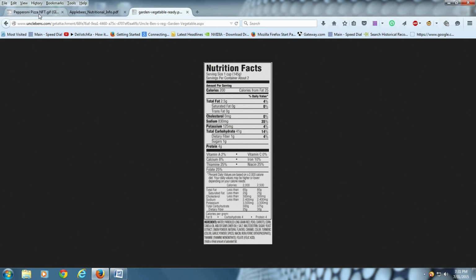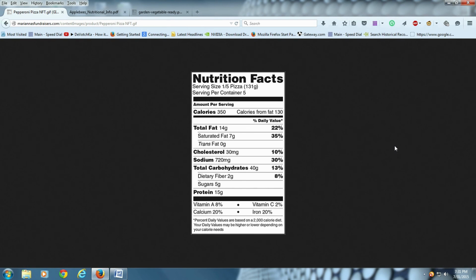Now here we have a pizza. Let's interpret this. We take the little circular pizza, put it in the oven at 450 degrees, it's cooking, and we're ready to eat. The serving size is 1/5 of a pizza.